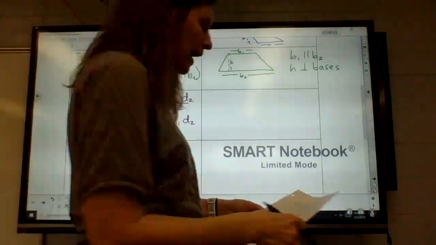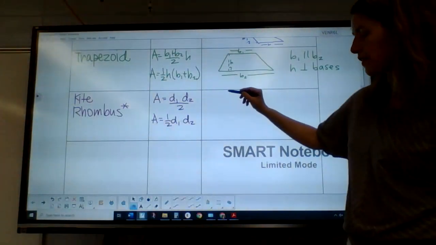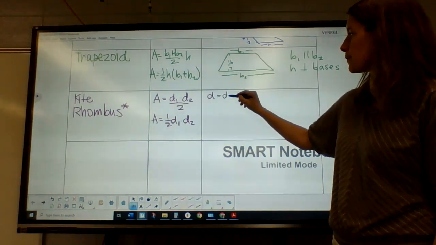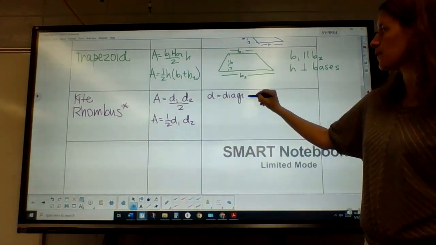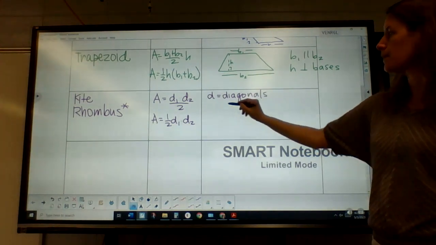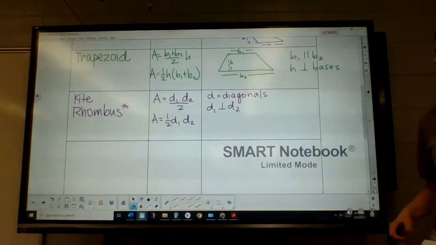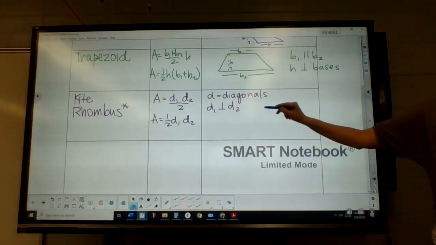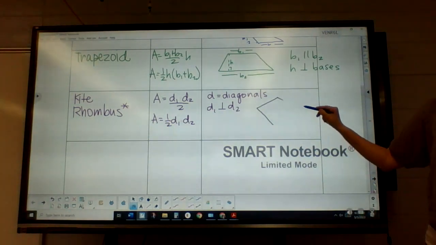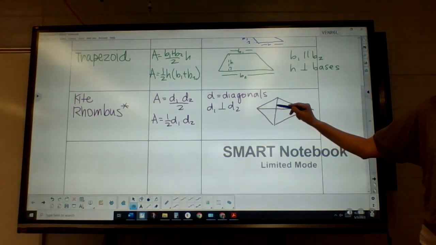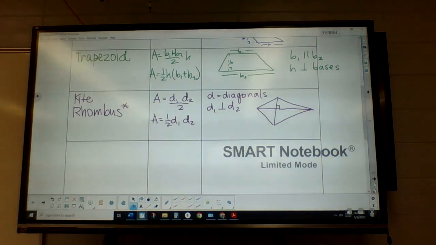And remember that the diagonals are perpendicular to each other. So those diagonals are going across the shape.